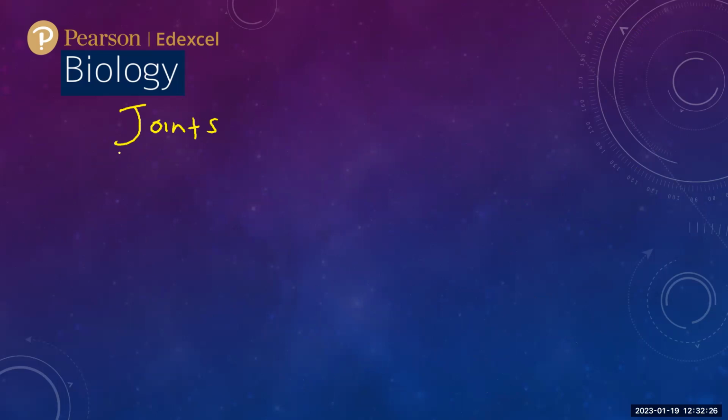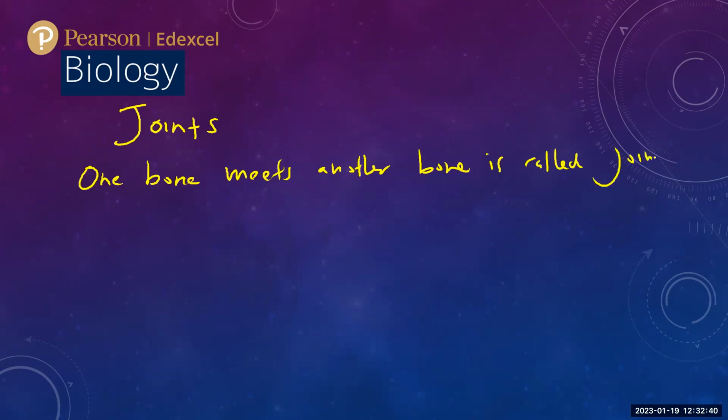Now, what is the meaning of joints? We can say one bone meets another bone is called a joint. So in that way, one bone joins with another bone.